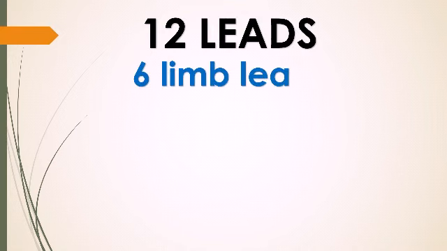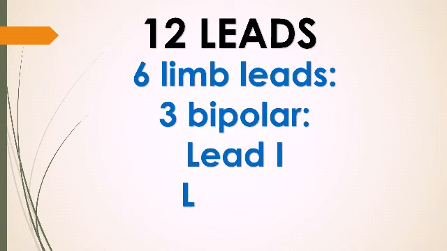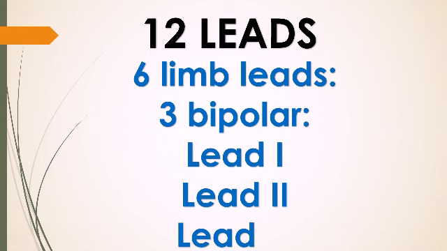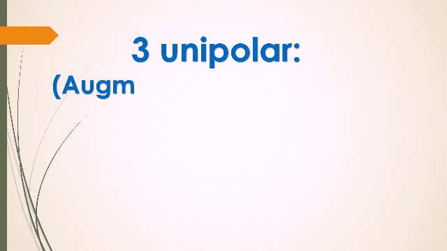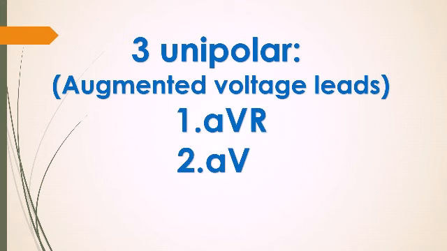First of all, there are 6 limb leads, 3 of which are bipolar. In the bipolar we have lead 1, lead 2, and lead 3. The other 3 are unipolar leads, all named augmented voltage leads: AVR, AVL, and AVF.